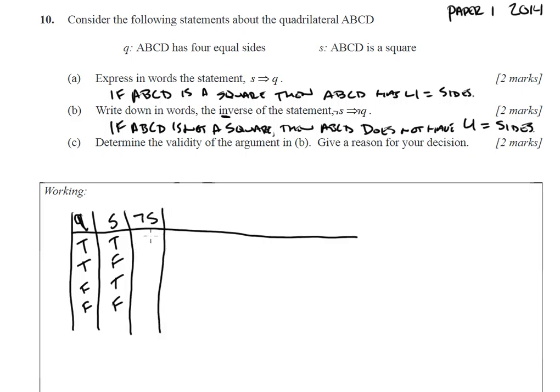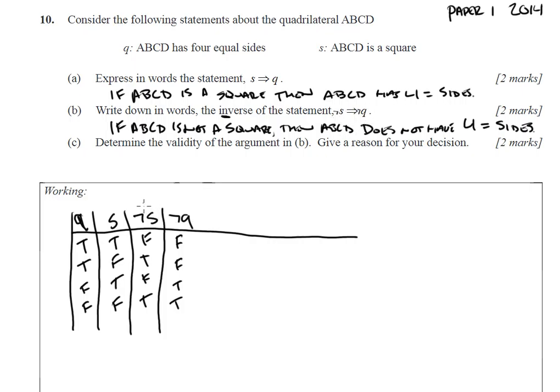Just the opposite of this one here: false, false, true, true. Now I'm going to do not Q. Oops, let's fix that. There's Q, so not Q is going to be the opposite. So false, false, true, true. So now we have not S and we have not Q.